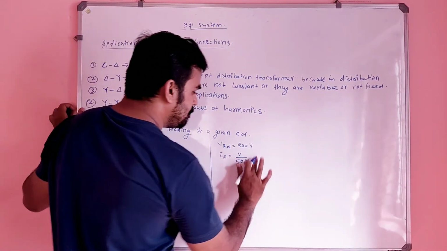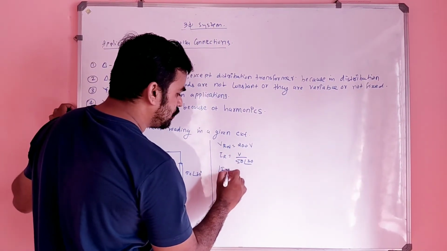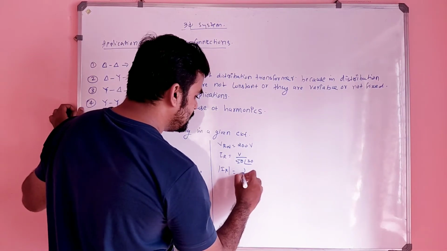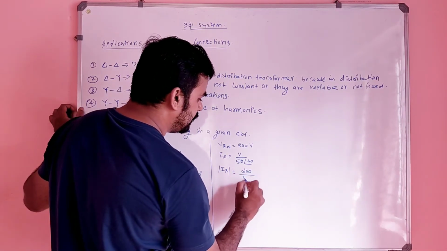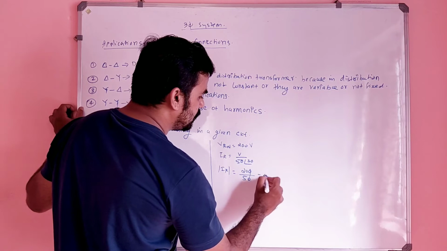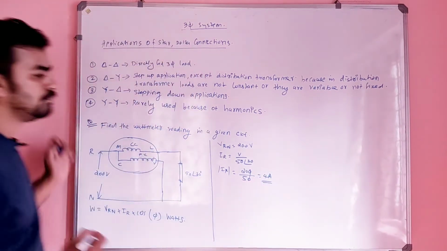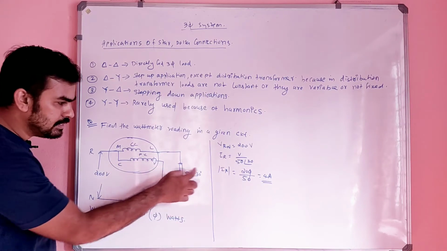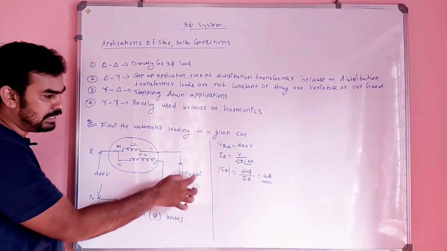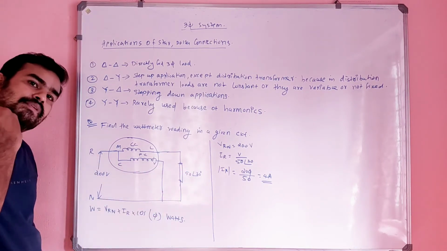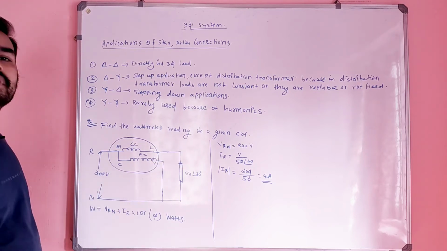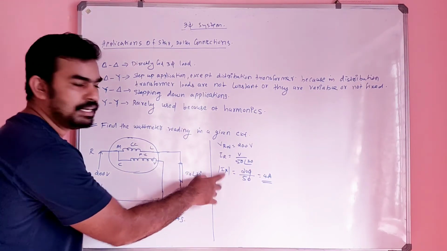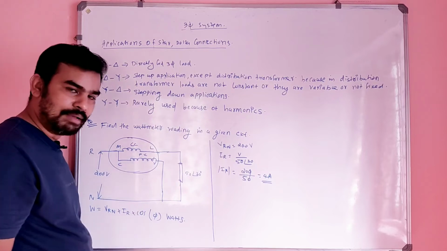The magnitude of IR is the voltage magnitude divided by the impedance, which is 4 ampere. This is the load, the impedance, so voltage divided by impedance will be 4 ampere. We need only the magnitude, that is why 4 ampere.